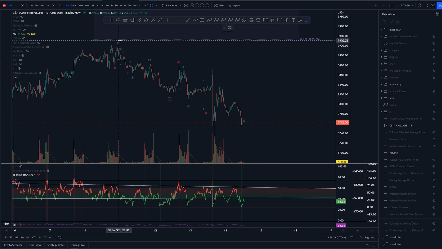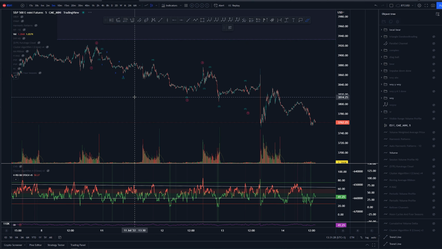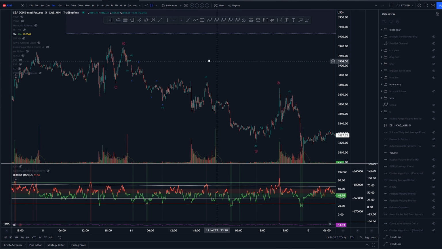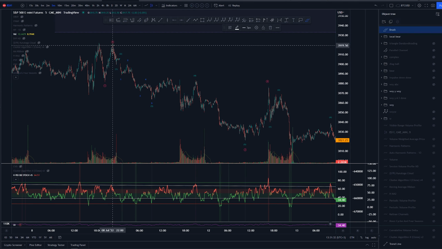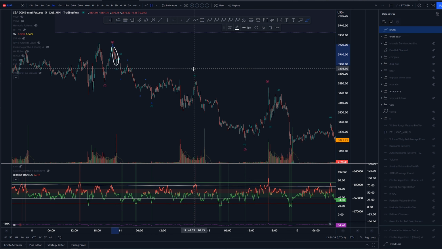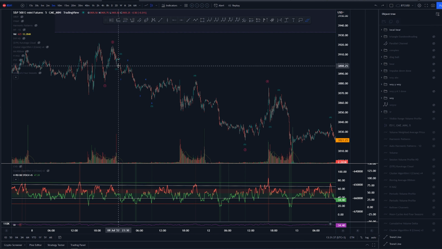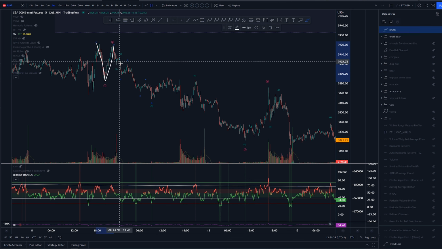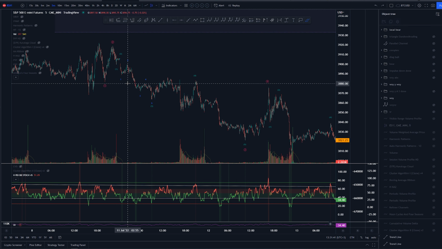If you are trying to fit some kind of impulse wave structure here, let's go to 5 minute. Again, as I mentioned in the last video, we had issues here on the very first leg of this second move. Basically, this looks fine as a 1-2, although wave 2 is again very high, very retraced. Don't really like it, but that sometimes just happens.